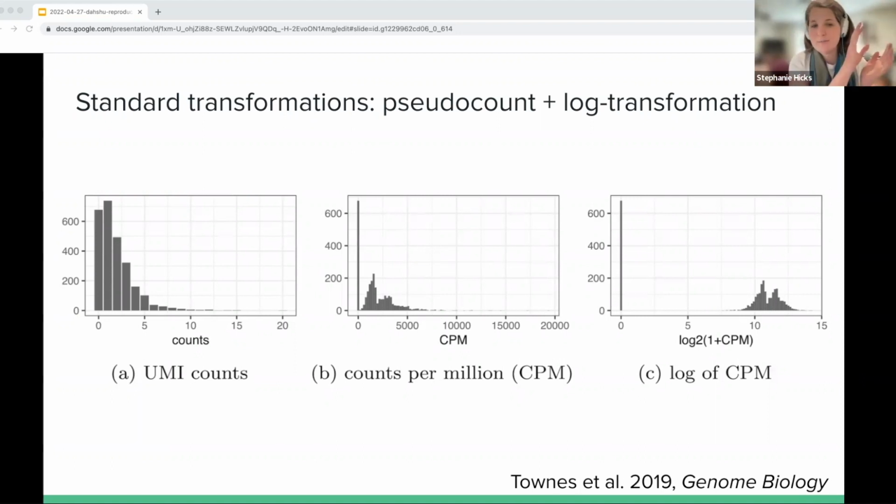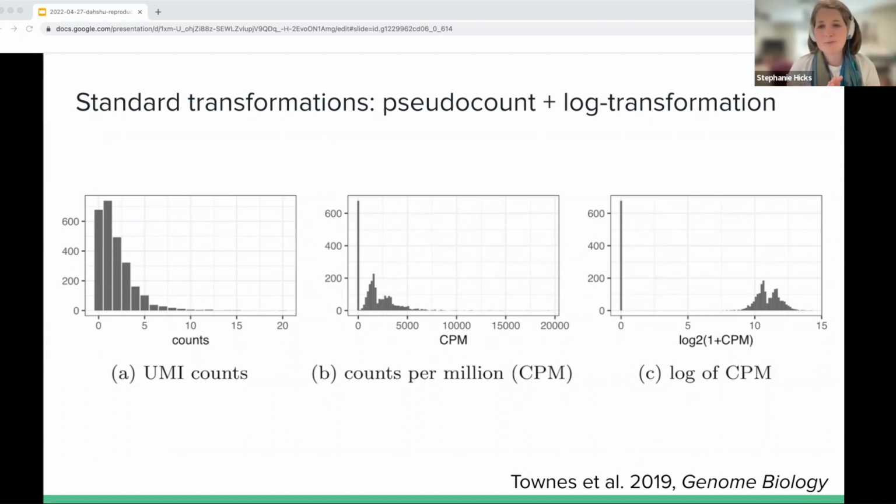The transformation from the figure on the left to the figure in the middle is the application of counts per million. It's a standard normalization in single cell that was developed for bulk RNA-seq. What you see is all the counts that are not zero get shifted over to the right a little bit, and all the counts that are zero remain zero.